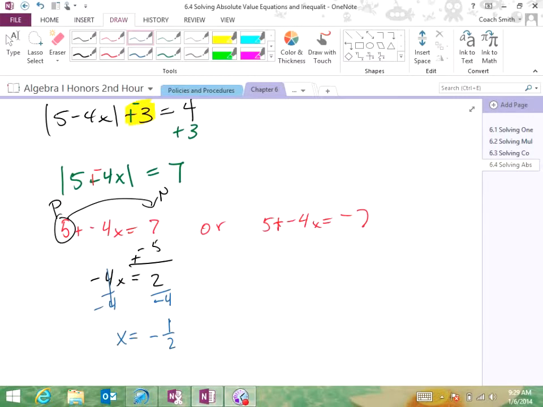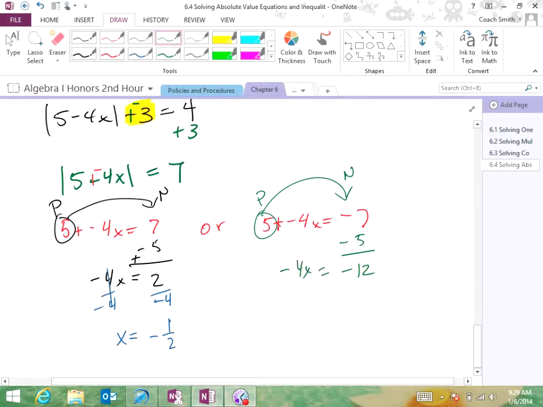The other side, we do exactly the same thing. It's a positive here, it becomes a negative there. So now I have negative 5. Well, what is negative 7 plus negative 5? Negative 12 is equal to negative 4x. And what do we get when we do that?